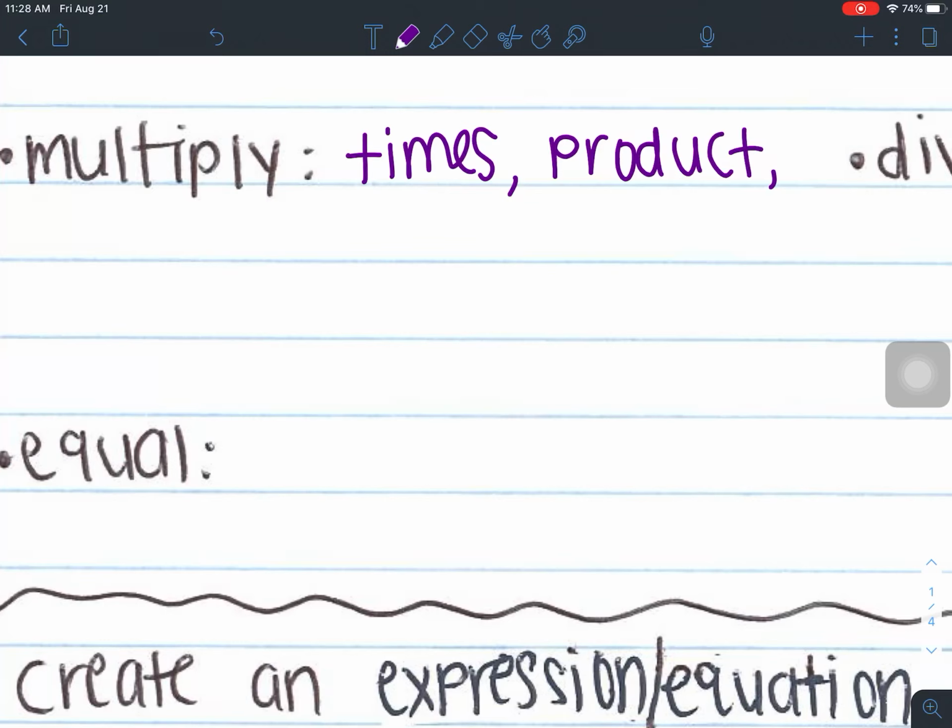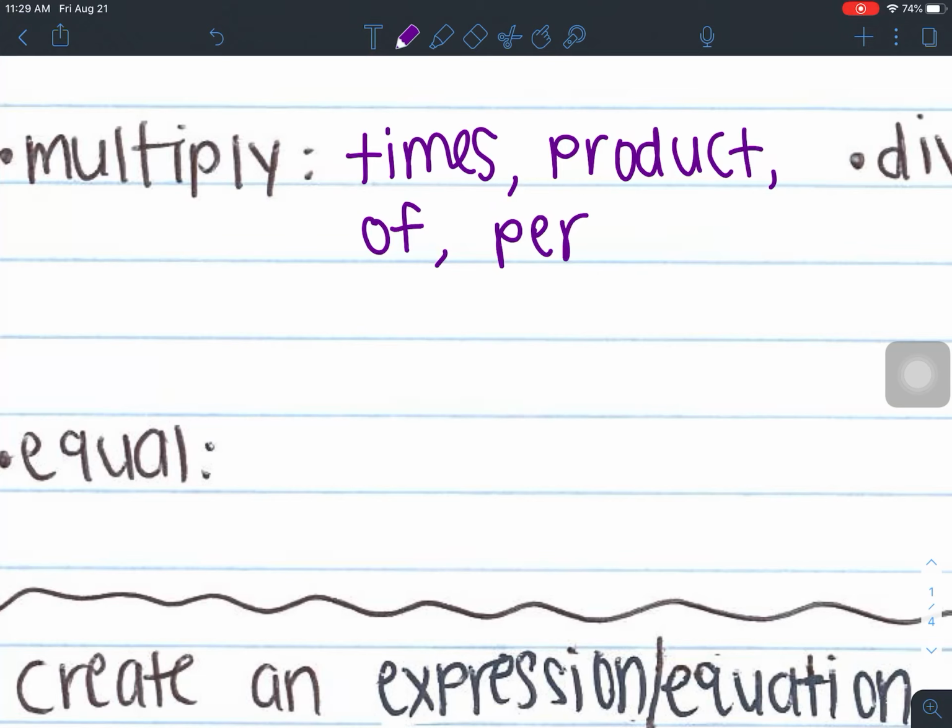Another word that's actually super important and we don't really think about it a ton, and it's only when it's used in specific scenarios, because technically you use the word of a lot, but there are some instances where of does mean multiply. When it says, I have 3 of that item, so I have 3 times that item. Of and per actually means multiply as well.